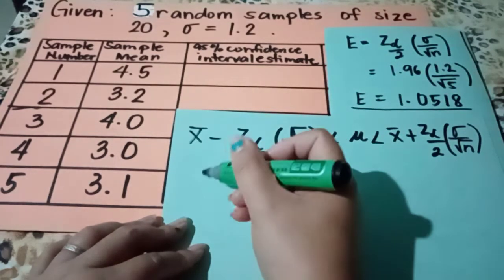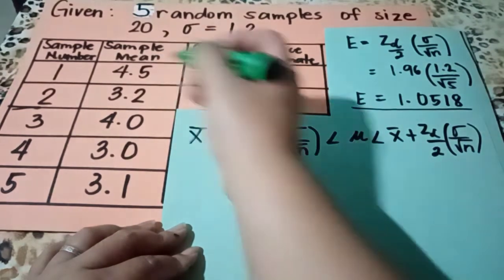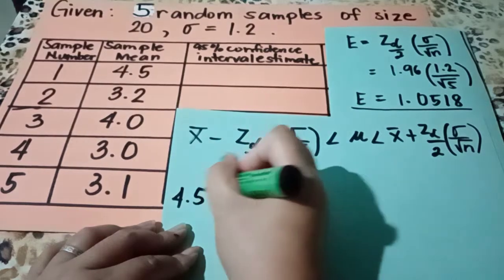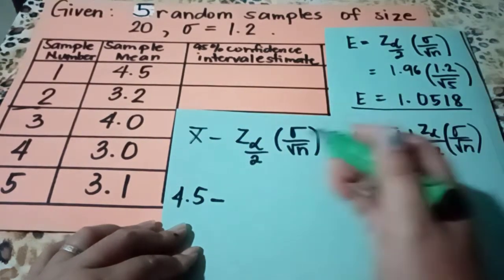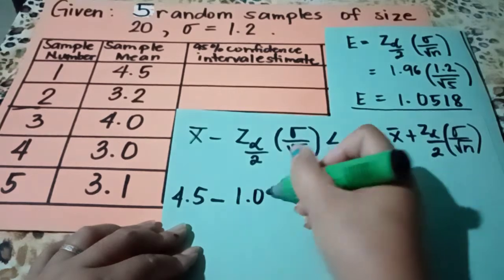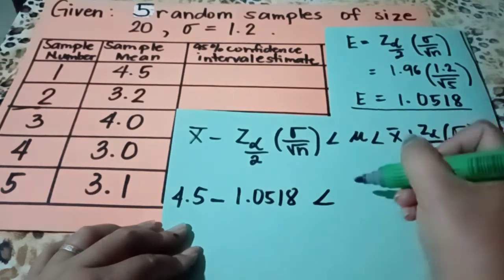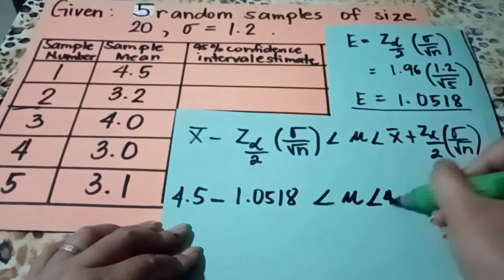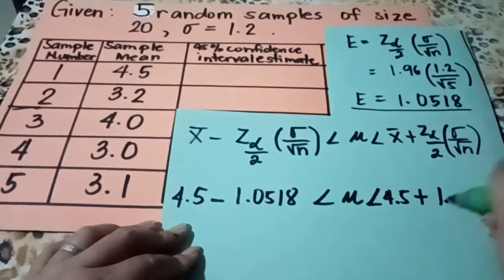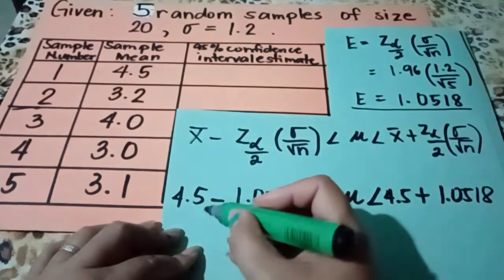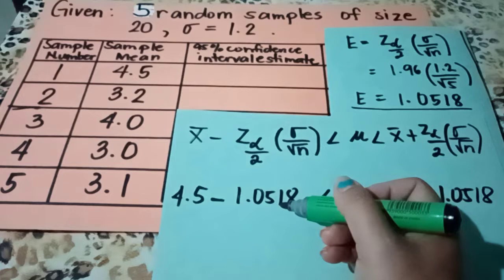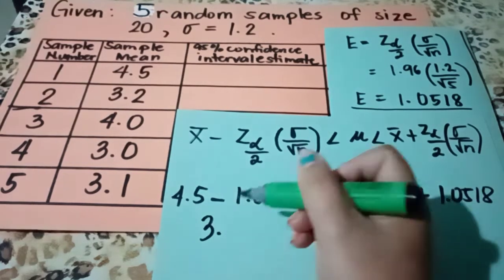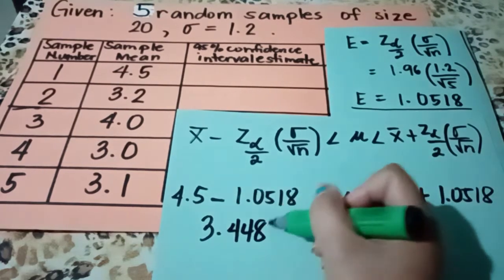So we are going now to have here our 4.5 as our sample mean. So we have 4.5 minus the margin of error, which is 1.0518. And then, of course, we're going to have 4.5 plus 1.0518. So 4.5 minus 1.0518 is equivalent to 3.4482.